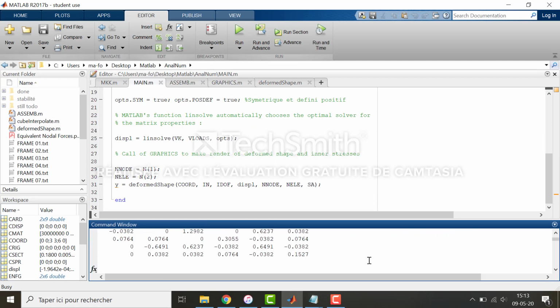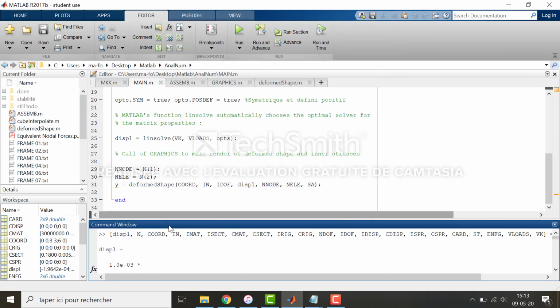I'll call it again, so we get a view of it here. Yes, displacement. So this is the rotation of the first node, horizontal displacement, the second vertical displacement. So it's about 0.4 millimeters. These are millimeters, and all the rest of the displacements as well in our elements.